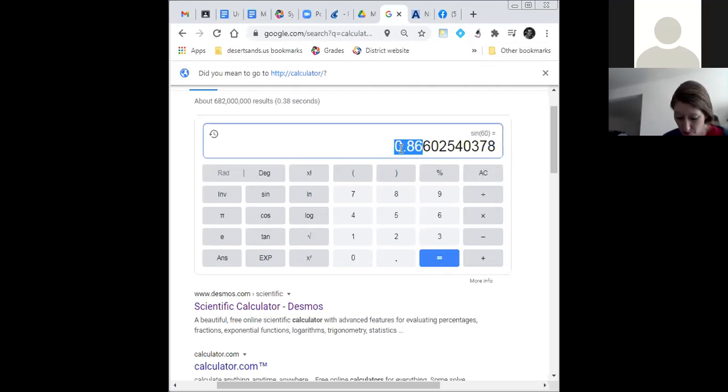So if they ask you to round to the nearest hundredth, it will be 0.86 or 0.87, depending on the number next to it. If it's 5 or larger, you add 1 to it. If it's smaller than 5, it stays the same. So in this case, the answer will be 0.87.